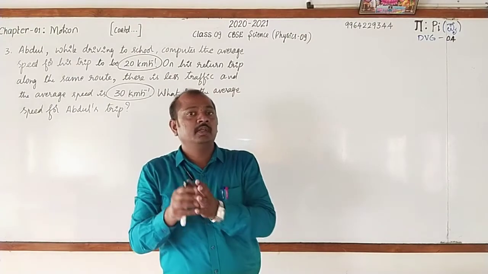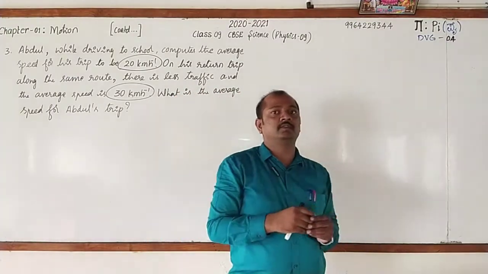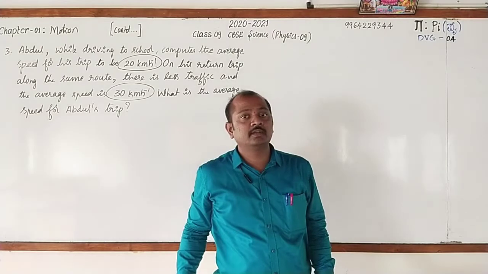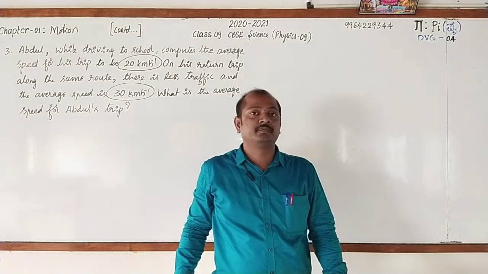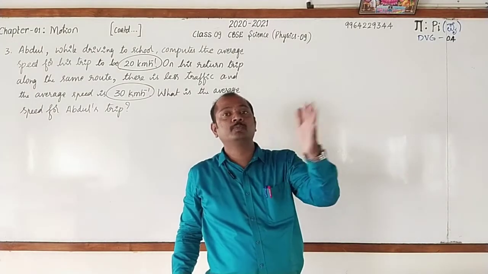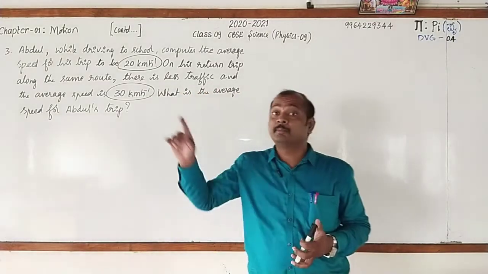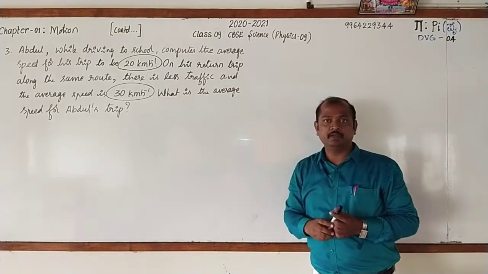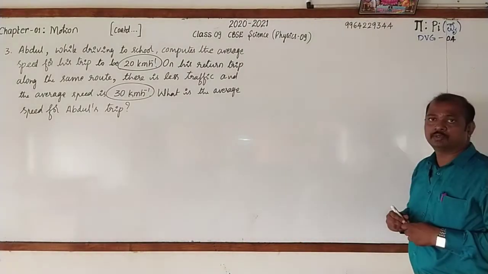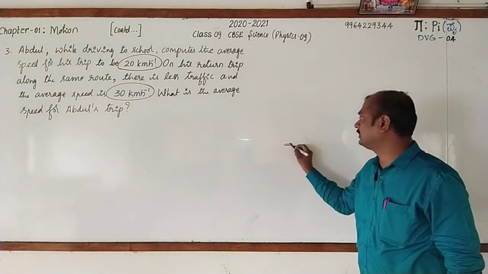Is it not? If he has moved along a straight line, then we would have considered the average velocity, right? There we have a formula (u plus v) by 2, where u is initial velocity and v is final velocity. But here they have asked average speed. We have a formula to find out average speed. Could you tell what is that?